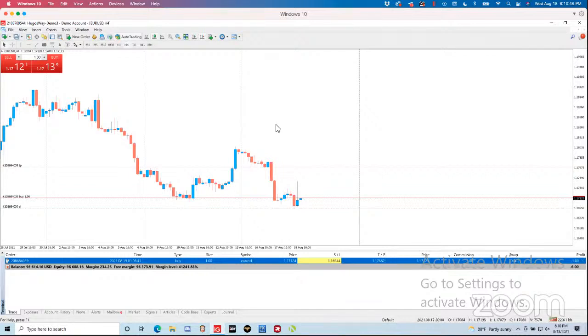You'll need to check that, you know, the pip count is going to be different depending on what you're trading. So you'll need to confirm what that is, right?